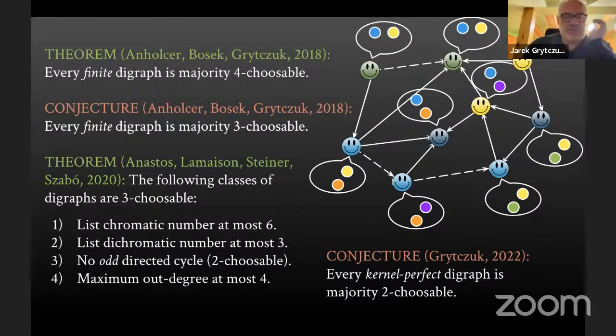And it is a well-known fact that if a directed graph doesn't have odd directed cycles, then it is kernel perfect. So this conjecture, if true, would be a generalization of this nice theorem by these authors. But maybe you can quickly find a counterexample.